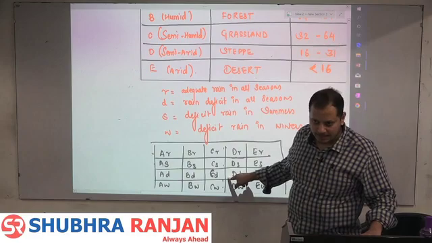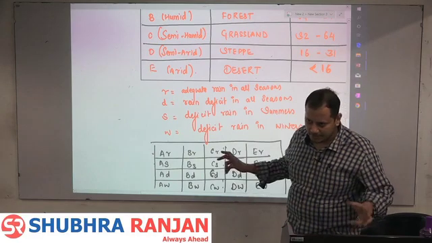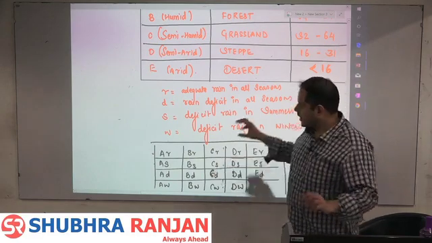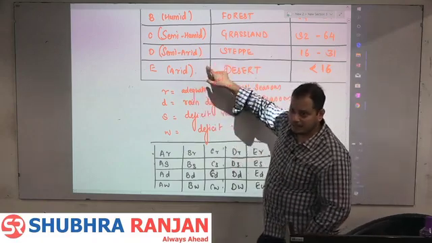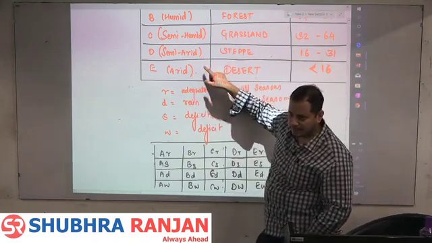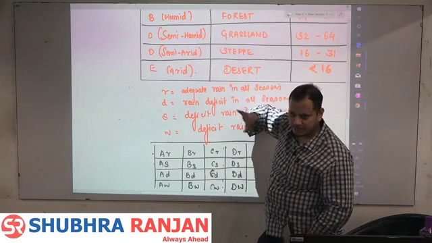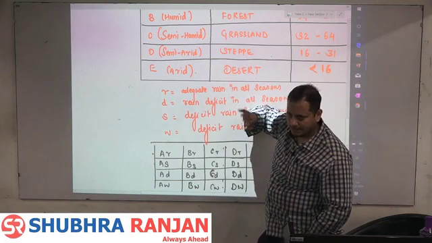E is arid, based on precipitation. Meaning he uses this even to classify the cool climate. Cool climate according to him is arid, A-D, rainfall deficit in all seasons, fine.